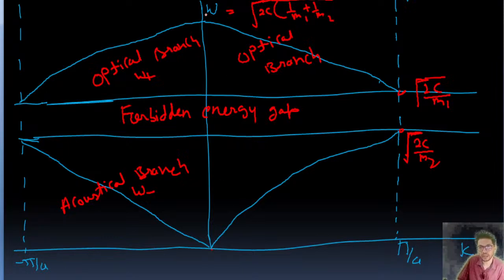This omega value is root of 2C into (1 upon m1 plus 1 upon m2). Very important graph, you should know this. This is the forbidden energy gap, this is the optical branch, and this value is root 2C upon m1, lighter mass, and this is root 2C upon m2. So this is the graph.